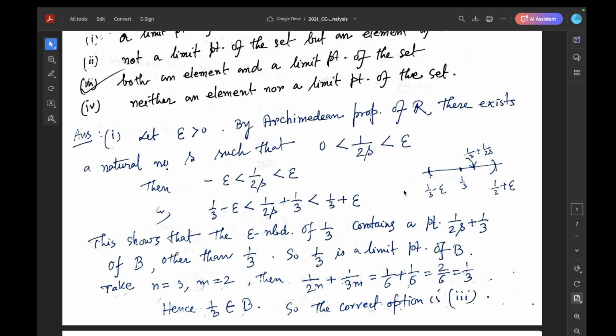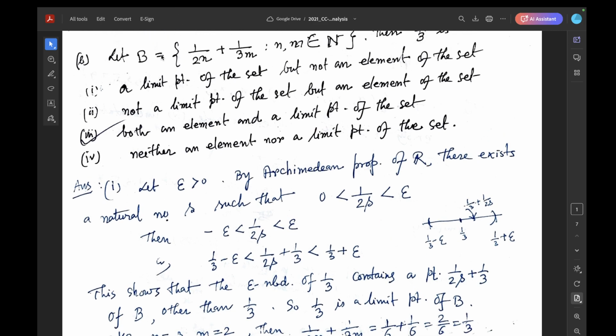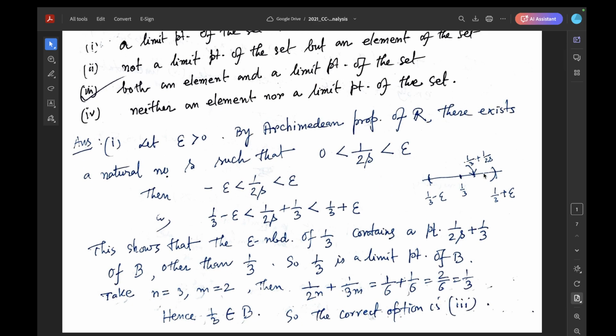This shows that the epsilon neighborhood of 1/3, that is 1/3 minus epsilon to 1/3 plus epsilon, contains a point 1/(2s) plus 1/3 of the set B other than 1/3. So by the definition of the limit point, 1/3 is a limit point of the set B.